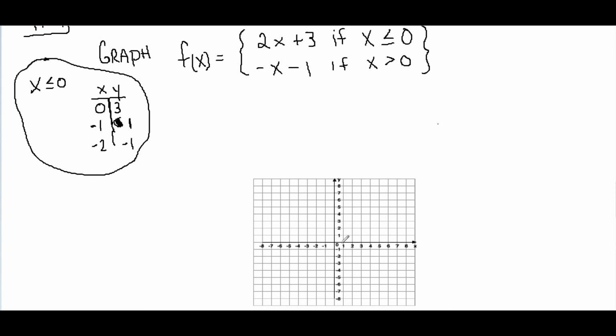I've got 0, 3, and -1, 1, which is here, and -2, -1. Go over 2, down 1. Here's -2, -1. And there's my line that I could draw, which would go this way, for all values that are less than 0.